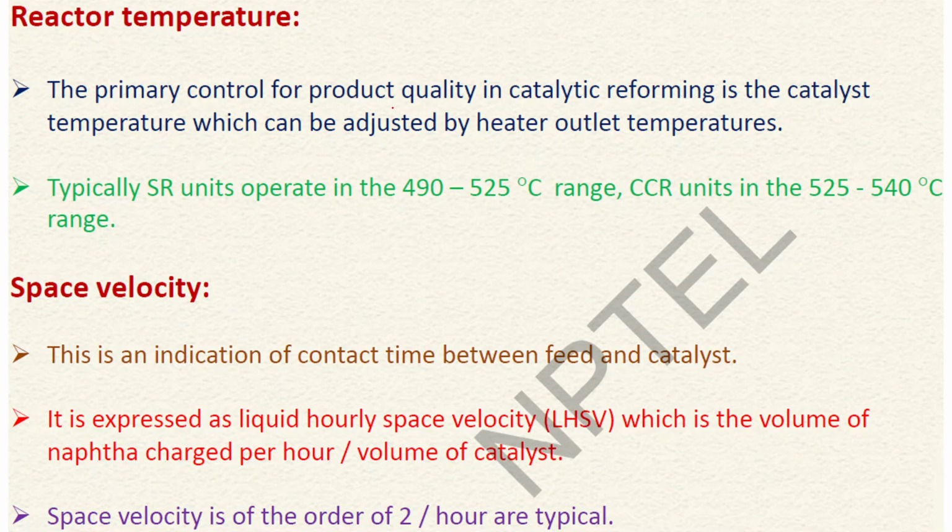Reactor temperature: the primary control for product quality in catalytic reforming is the catalyst temperature, which can be adjusted by heater outlet temperature. So the catalyst temperature should be adjusted accordingly to maintain the product quality. The SR unit operates in the 490 to 525 range, whereas CCR operates at a higher temperature of 525 to 540 degrees C.